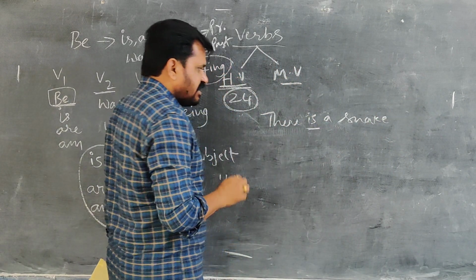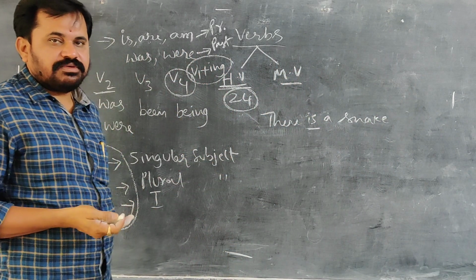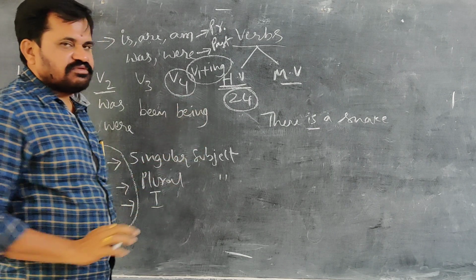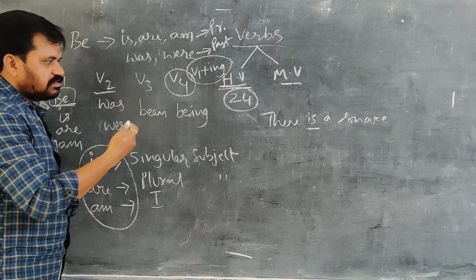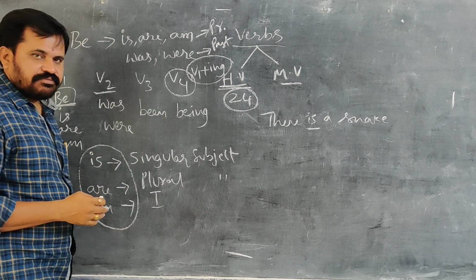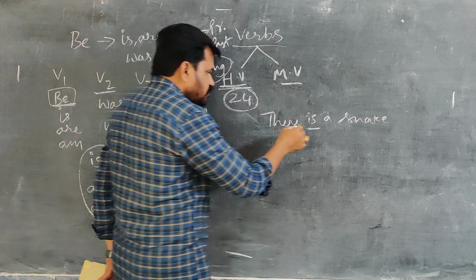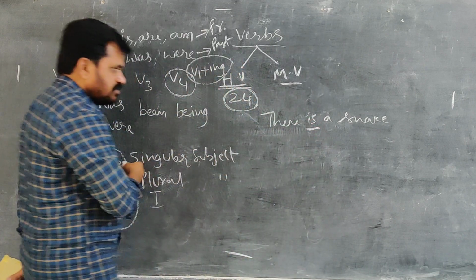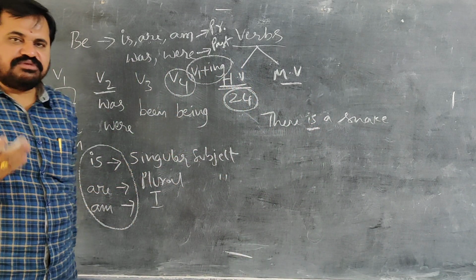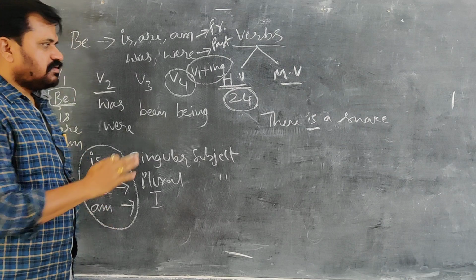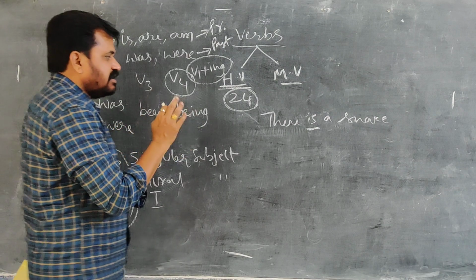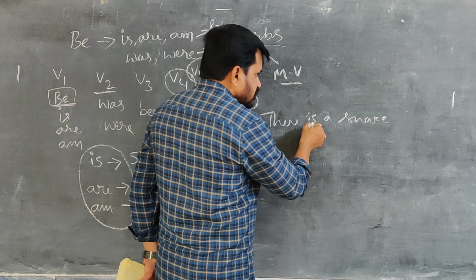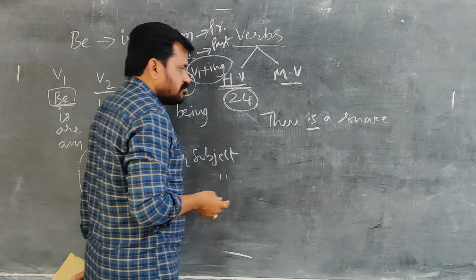So we use these directly here without any main verb. Then it is working as a main verb. We will come to certain discussion regarding it later. If we use these helping verbs directly without having any main verb with them, they work as a main verb and also show the present tense. Is indicates present tense only.